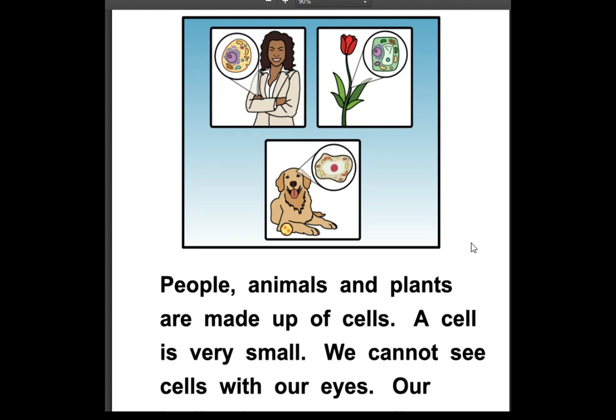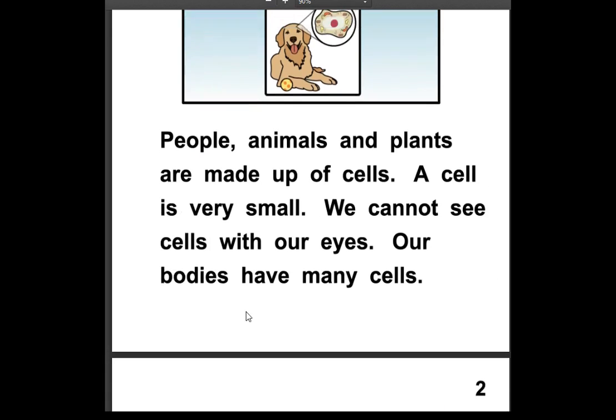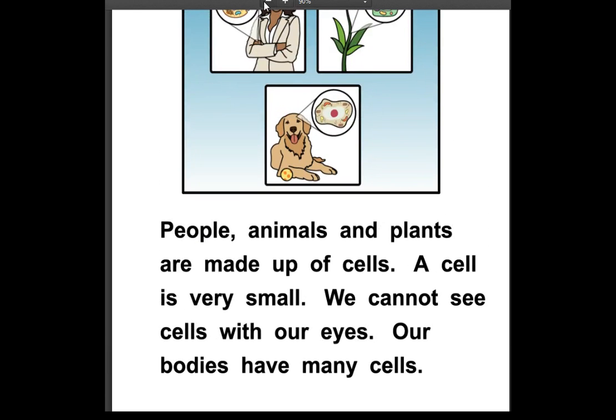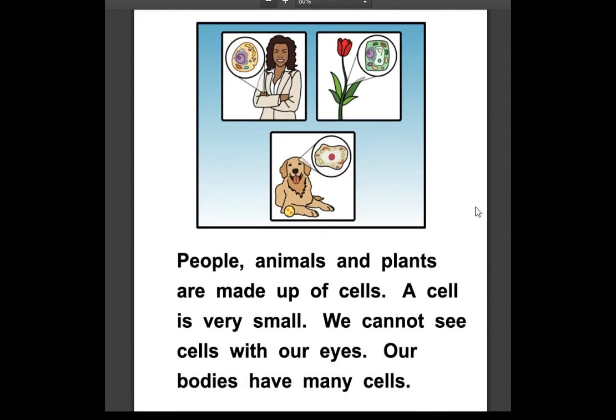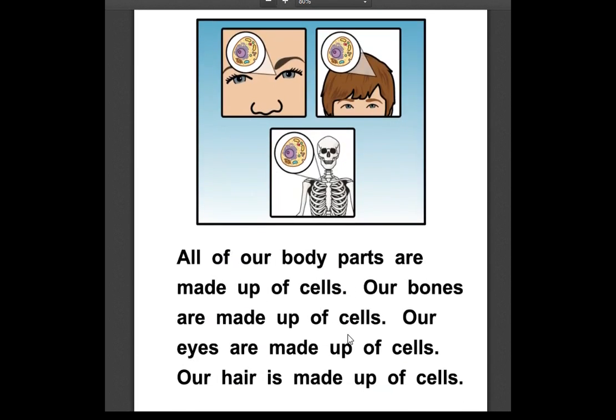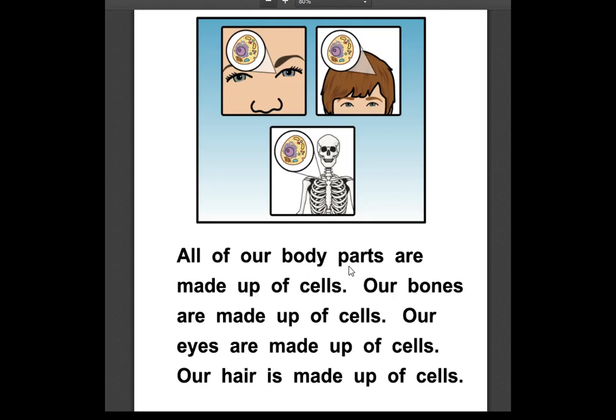Our bodies have many cells. All of our body parts are made up of cells. Our bones are made up of cells. Our eyes are made up of cells. Our hair is made up of cells.